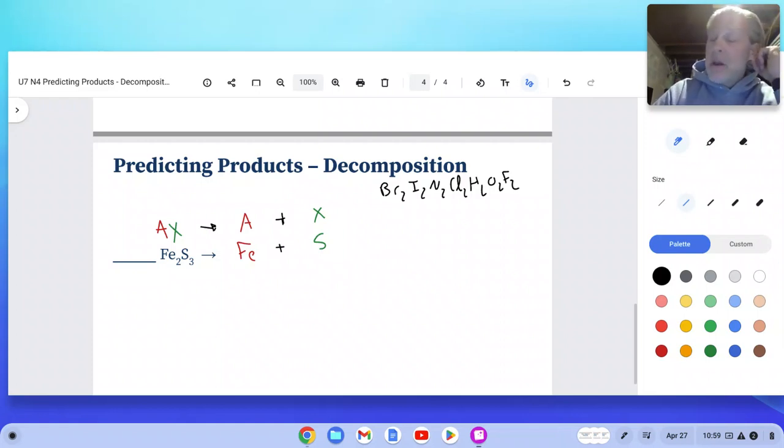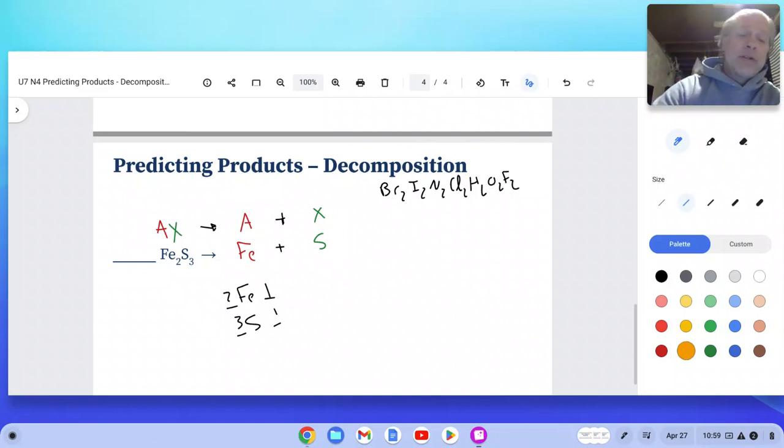S, sulfur, not on the list, so we're not going to add a 2 to that either. So when we go to balance this equation, we have Fe on both sides and S on both sides. On the left side, we have 2 Fe's and 3 S's. On the right side, we have 1 of each. In order for us to get 2 Fe's, I'm going to put a coefficient of 2 here. In order for us to get 3 S's, I'm going to put a coefficient of 3 there. And then both of these are balanced.